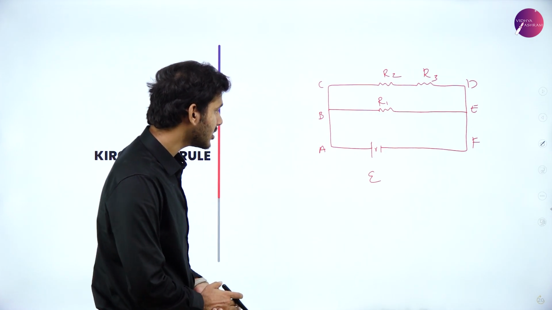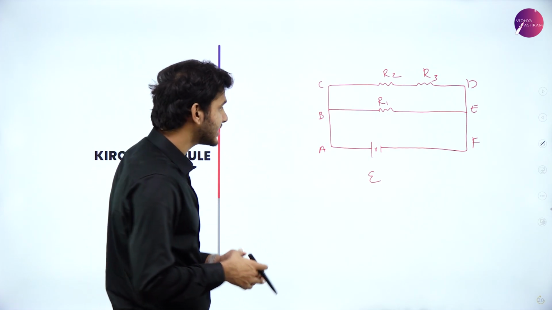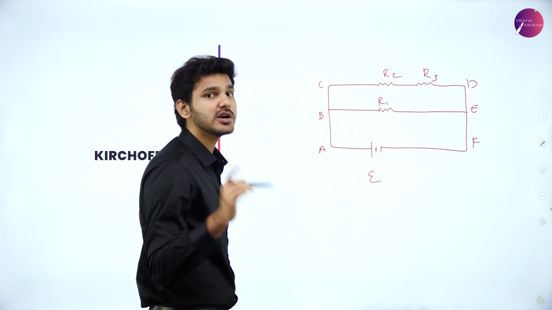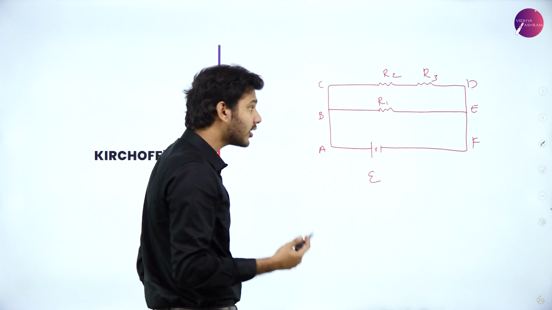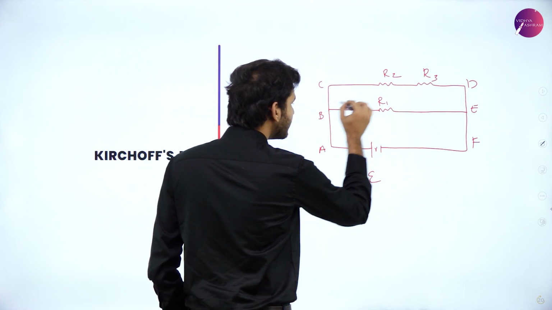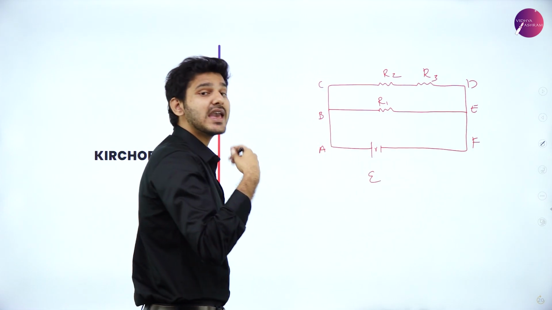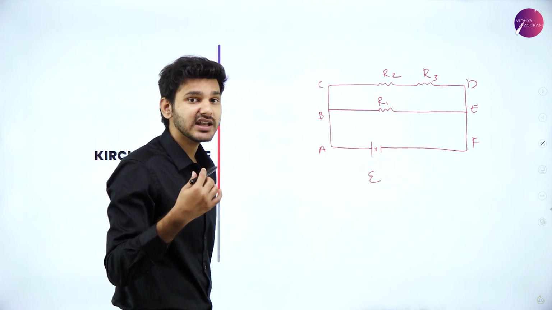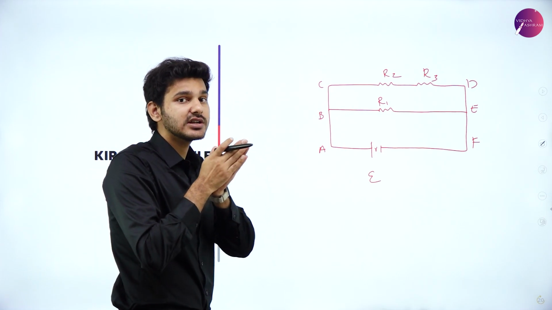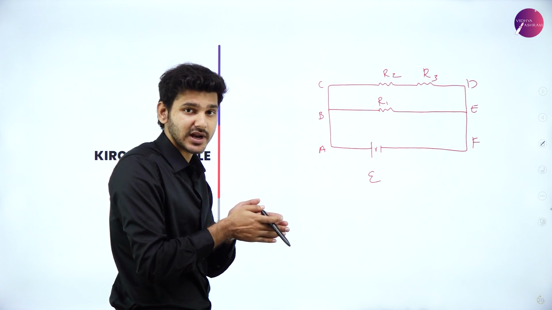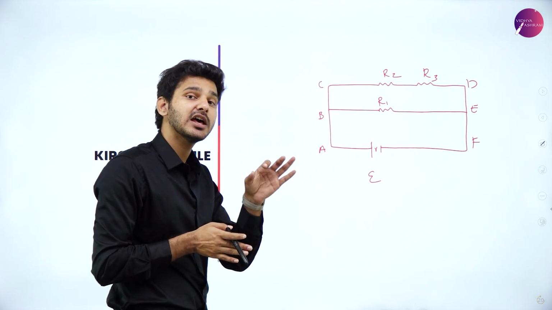So anyways, what the loop rule actually suggests is that if we take one particular loop, that is A, C, D, F, A, or B, C, D, E, B, or A, B, E, F, A, any one of these three loops we take, in each individual loop, the current and resistance multiplied together will be equal to the EMF in that particular loop.